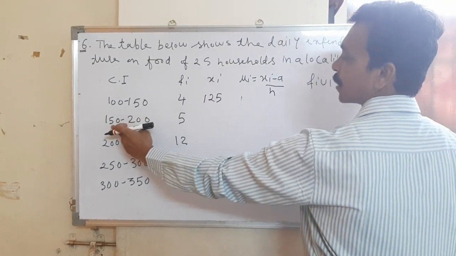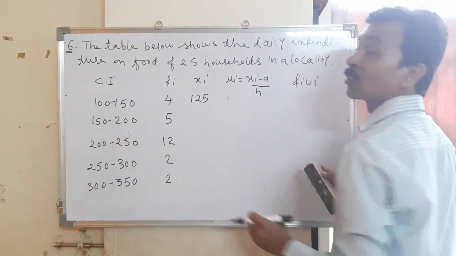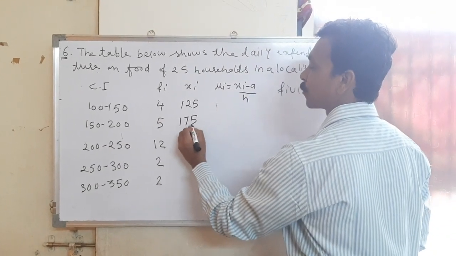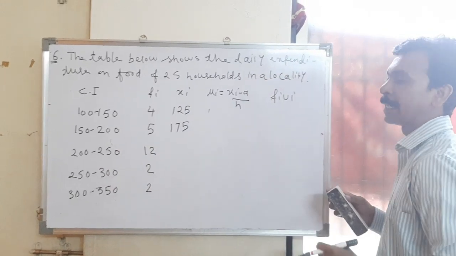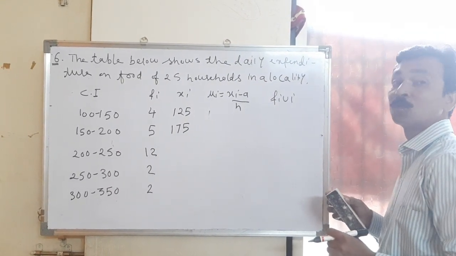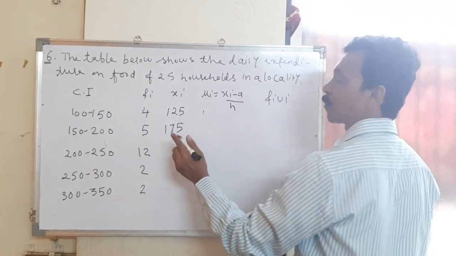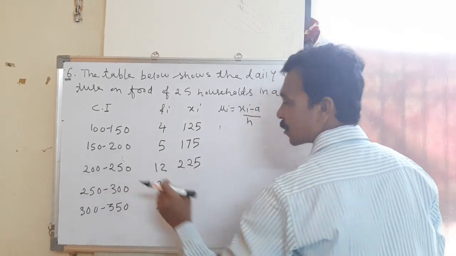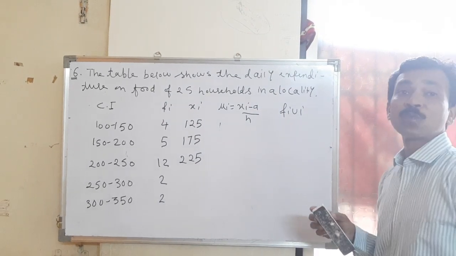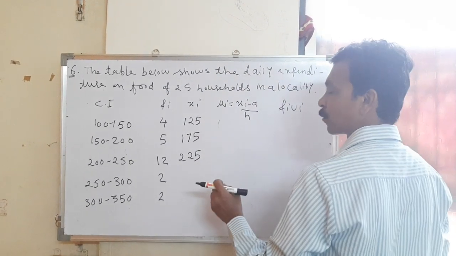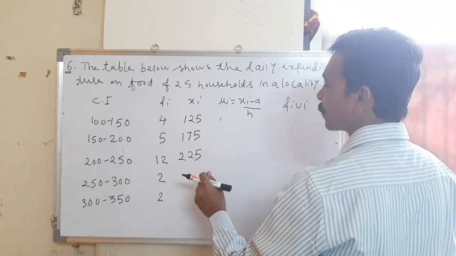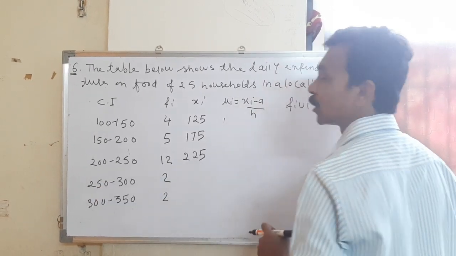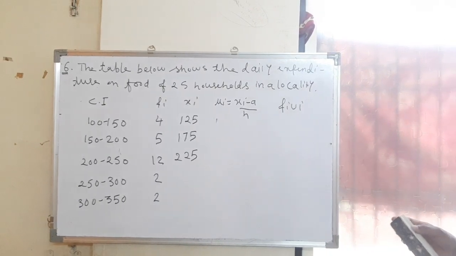The second xi is 150 plus 200 is 350. 350 upon 2 is 175. 200 plus 250 is 450. 450 upon 2 is 225.